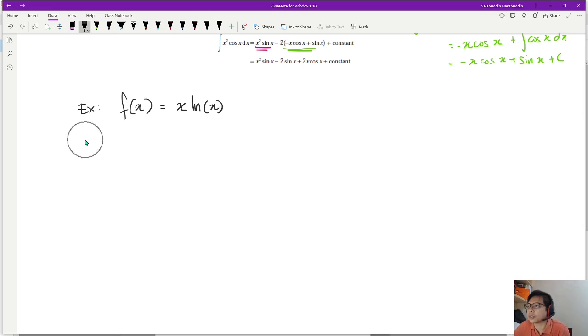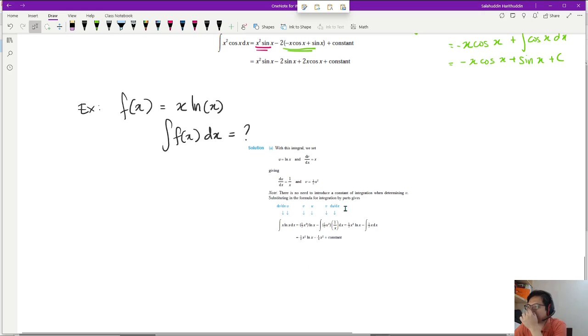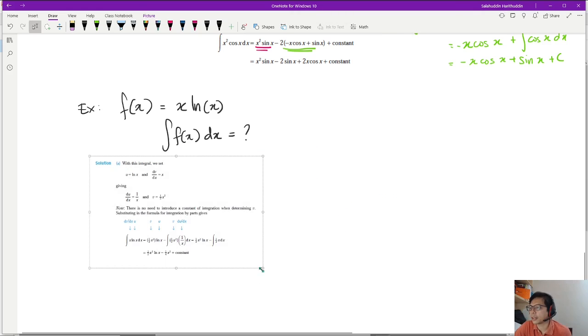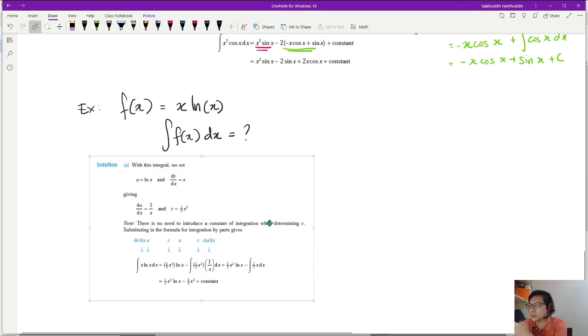This is the solution. It's much simpler than before. You don't need to do it twice.